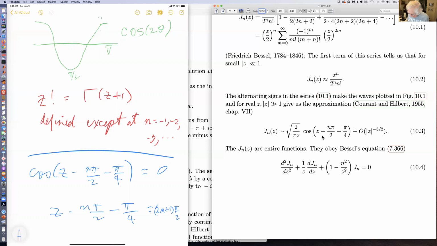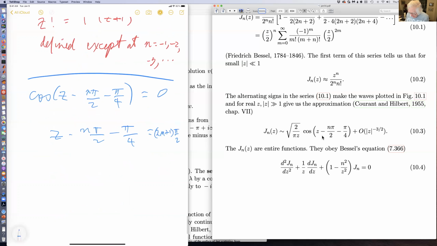And so that means that z should be, well, it's actually 3n plus 1 pi over 2 plus pi over 4. So something like that. The important thing, though, is, so this is z_nm. This is the mth zero of the nth Bessel function.